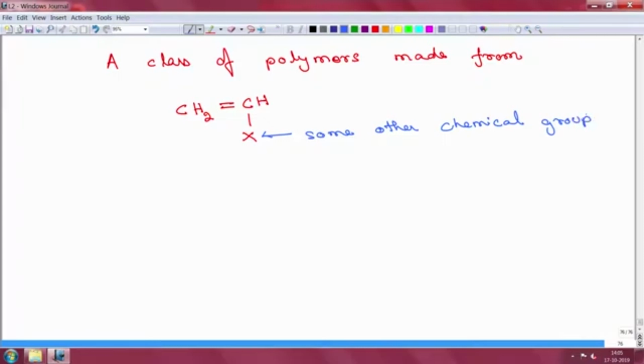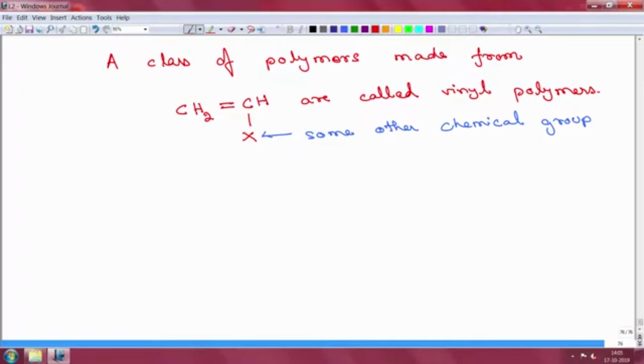So, a class of polymers made from this is known as vinyl compounds, or vinyl polymers.